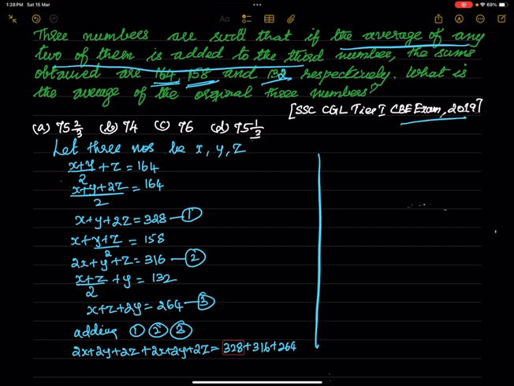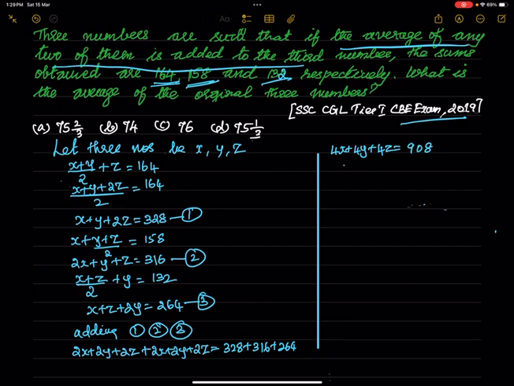When you add these three, I am getting 4x plus 4y plus 4z is equal to 908. Okay, 4 plus 6, 10, 10 plus 8, 18, 1 carrying, after that 9, 10.